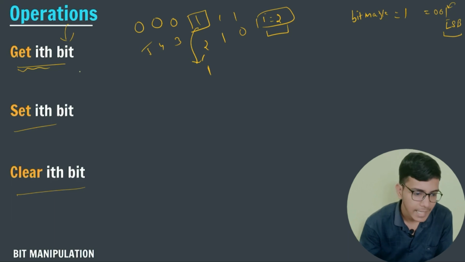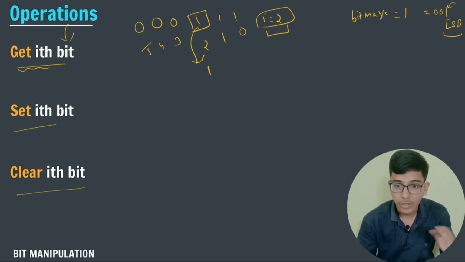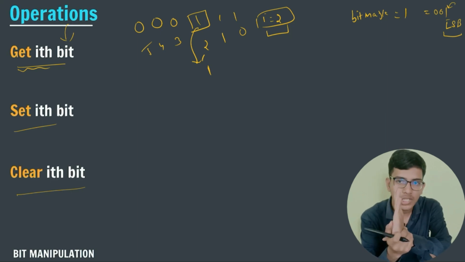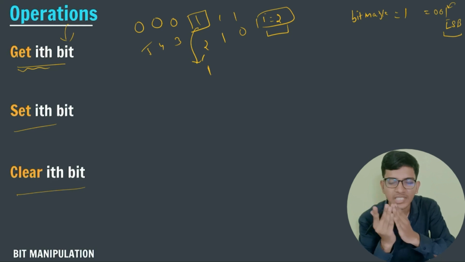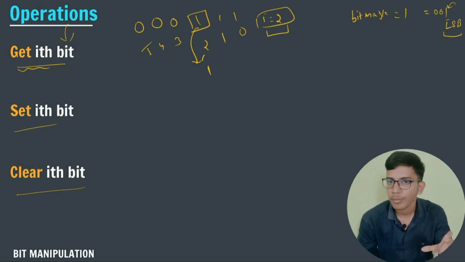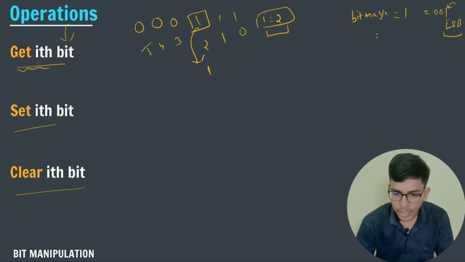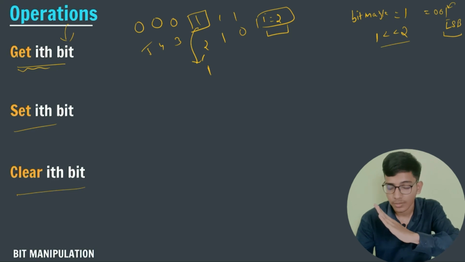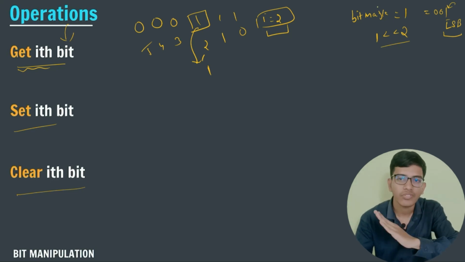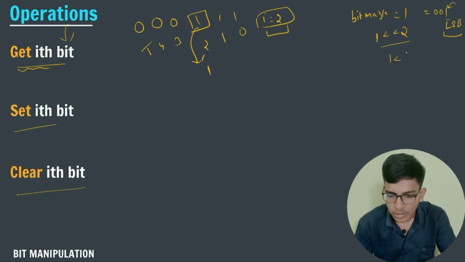Now to find the get ith bit, we will left shift our value. As I told you, left shift is used to push the particular given number to the ith bit. Suppose I want to push this one by two digits, then I will write 1 left shift 2. Suppose I want to push the binary conversion of 1 by three digits, then I will write 1 left shift 3.